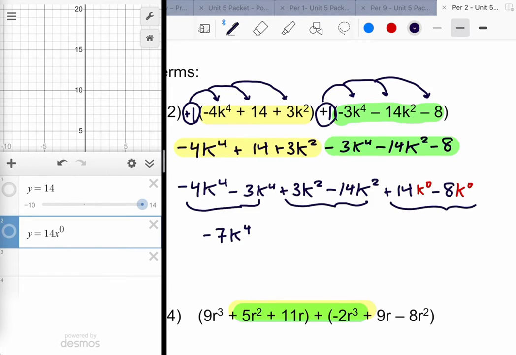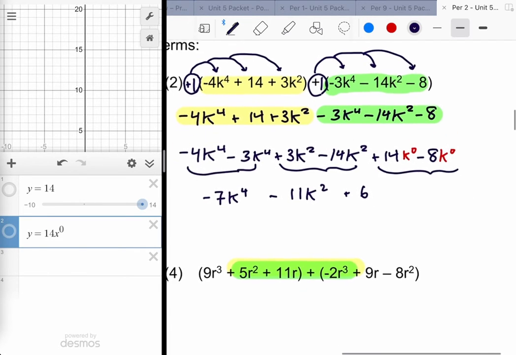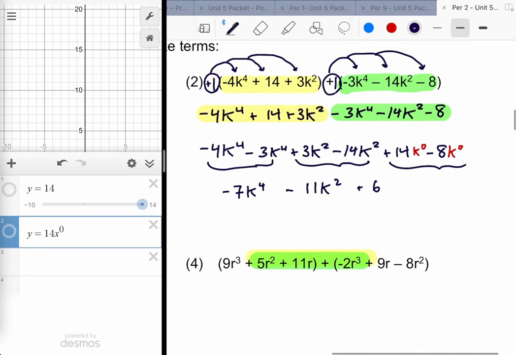I have a positive 3 minus 14. That's a negative 11. Bring the k squared along for the ride. A positive 14 minus 8 is a positive 6. Sign comes along for the ride as well as the k to the 0th, but k to the 0th is equal to 1, so it's dismissed anyway. All right. I got the long one.